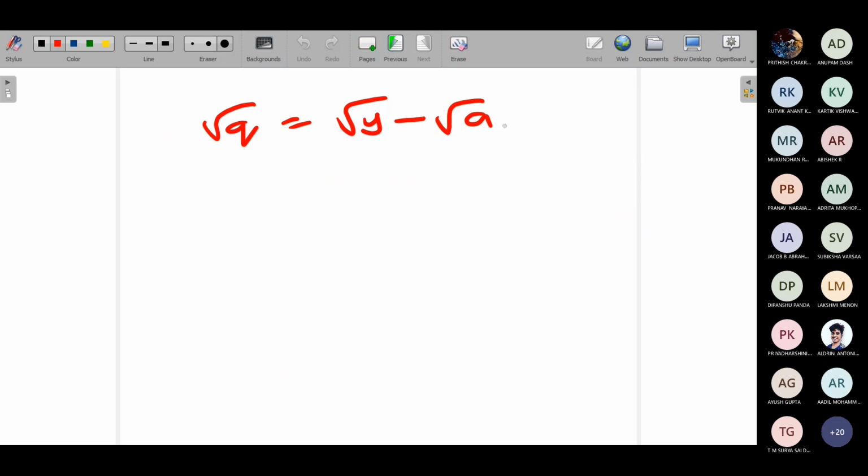What will be your q? Squaring both sides, you'll get q equals under root y minus under root a, the whole square.